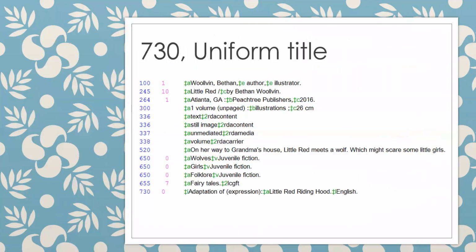All right. So let's look at uniform title. So this is Little Red. And Little Red is an adaptation of Little Red Riding Hood. So the 730 second indicator blank documents the adaptation. Specific phrases are used in subfield I in the 7XX fields and can be found in the RDA toolkit.